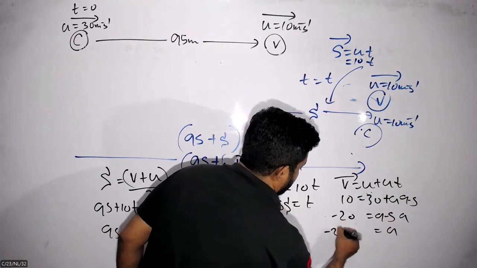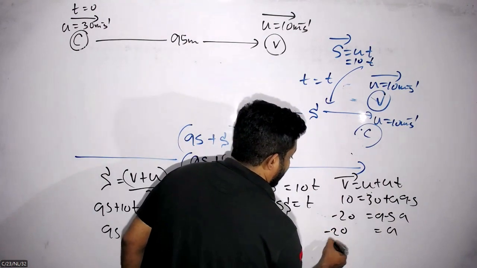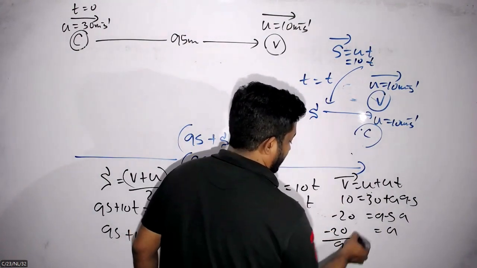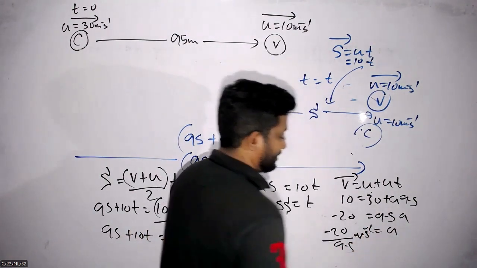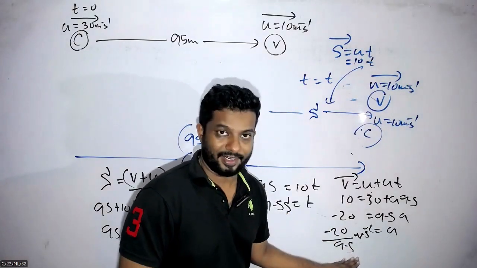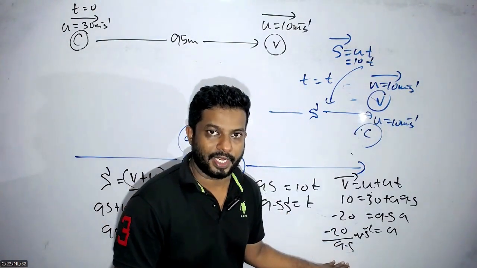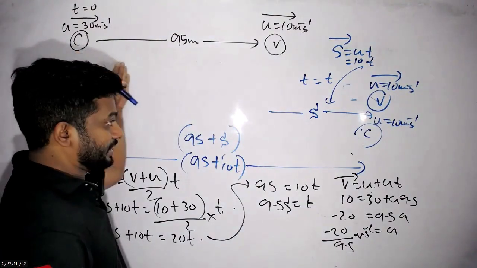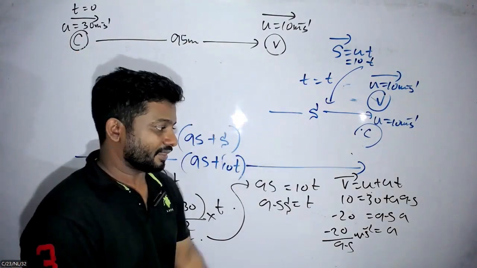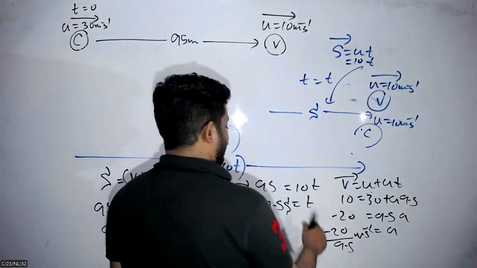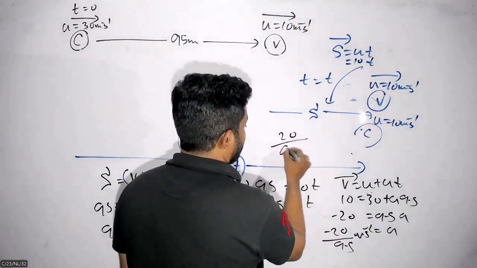Acceleration is equal to minus 20 divided by 9.5, but here you need to mention the deceleration. Acceleration is a negative value. Why? The velocity reduces. Therefore, the deceleration is 20 over 9.5.